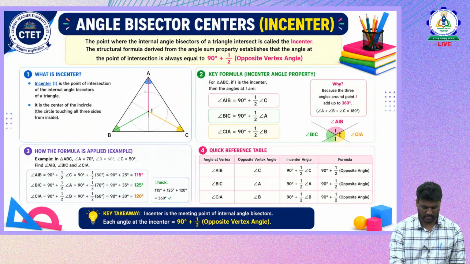Now in the given figure, this is the point of intersection of the bisectors of angle B and angle C of the given triangle.